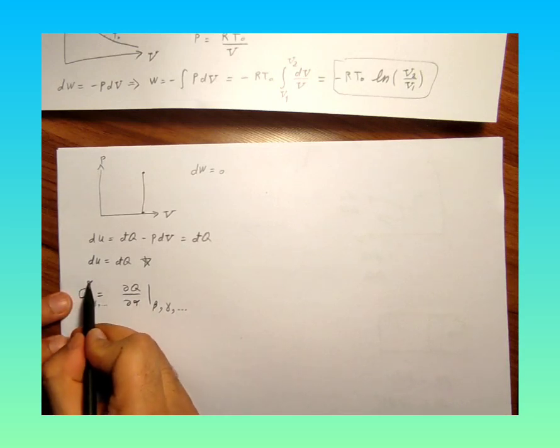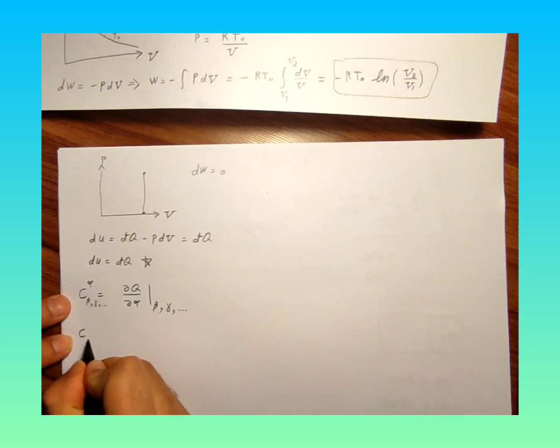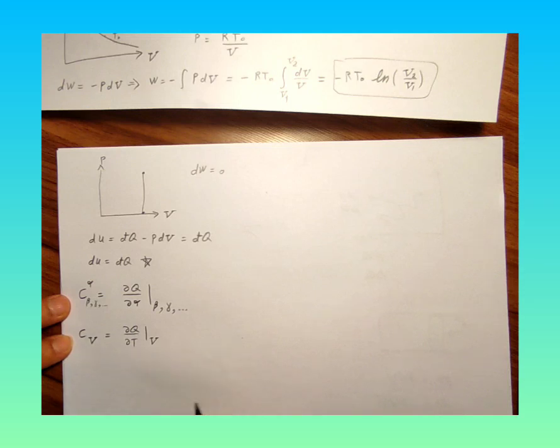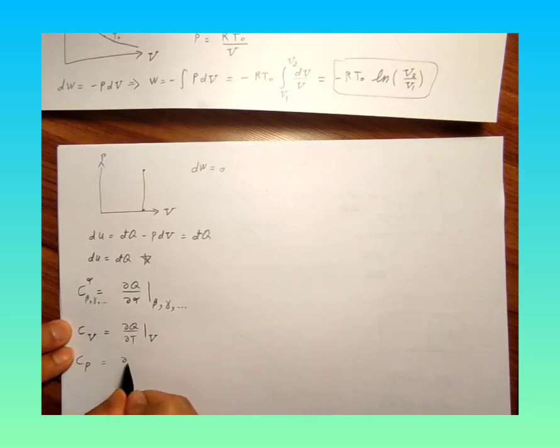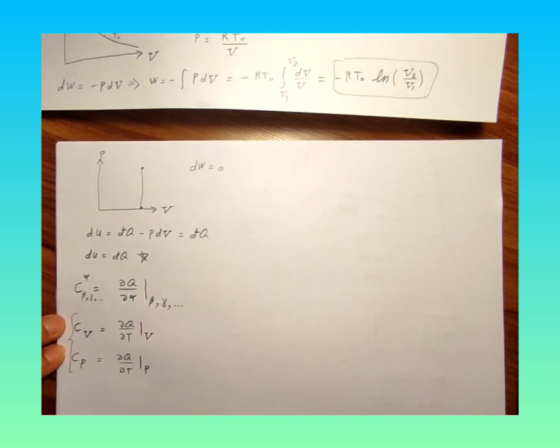If I don't write alpha, I mean temperature. Actually, heat capacity is important with respect to temperature. If I write CV, this will be ∂Q divided by ∂T at constant V, but pressure is not constant. If I tell you heat capacity at constant pressure, this will be ∂Q divided by ∂T at constant pressure.